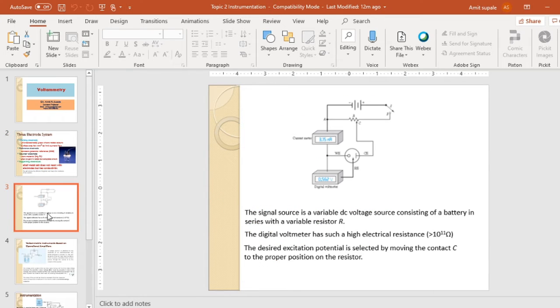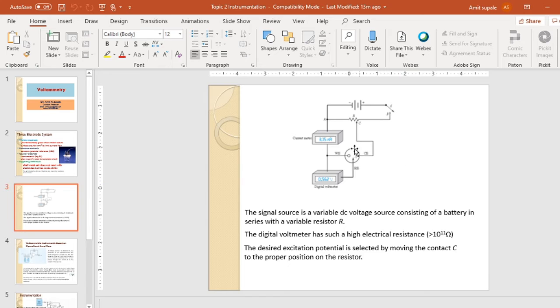This is the first basic instrumentation, a manual potentiostat, which can be used to record linear voltammograms. As we see, there is a digital voltmeter and a current meter, and a 3 electrode system, that is working electrode, counter electrode and reference electrode.